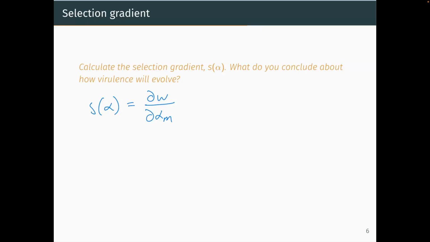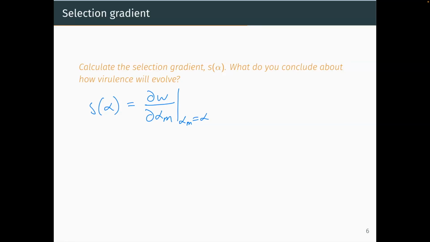So the selection gradient is the partial derivative of W with respect to alpha M. And after you've calculated the derivative, you set alpha M equal to alpha. The reason we do this last stage is we're assuming that there are very small mutations, so alpha M is approximately equal to alpha. What we want to know is, at a given point, are we increasing or decreasing?